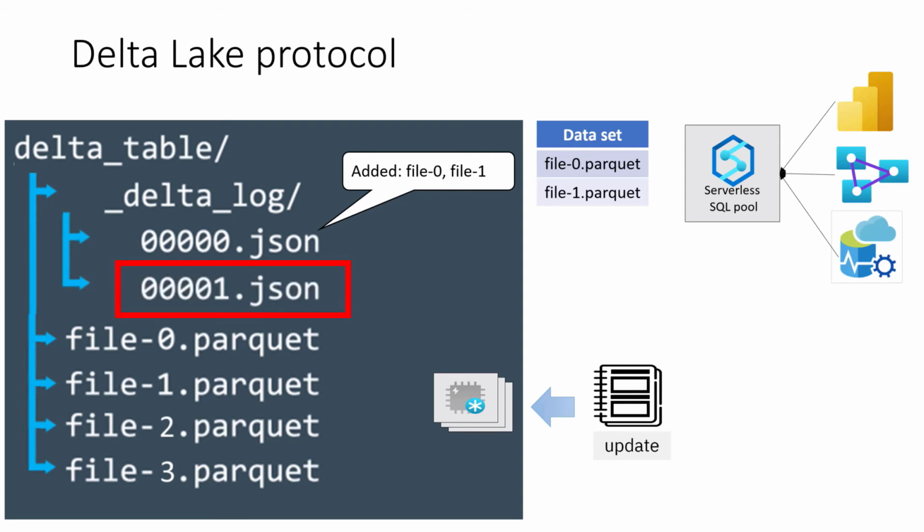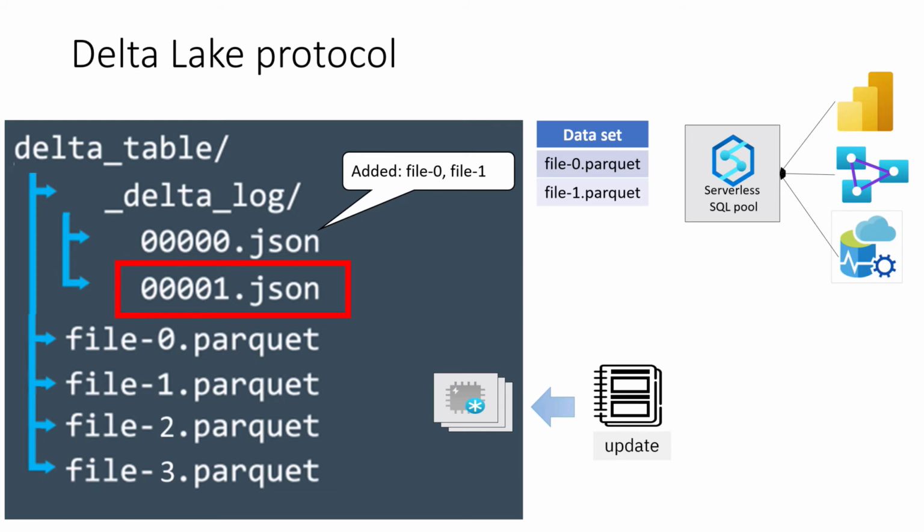When the operation is finished, it will create additional JSON file in Delta log folder. So before Spark creates this JSON file, all readers will just read old version of Delta folder. So before we created this 1.json file, Serverless had read this 0.json, and Serverless thought that there are only file 0 and file 1, and all clients would read previous version of data.